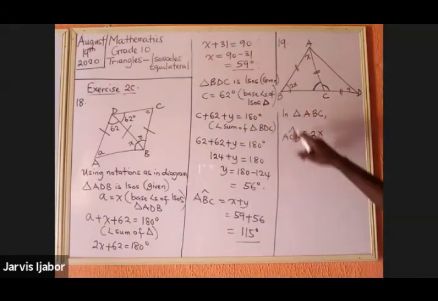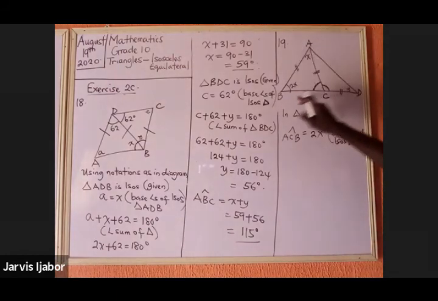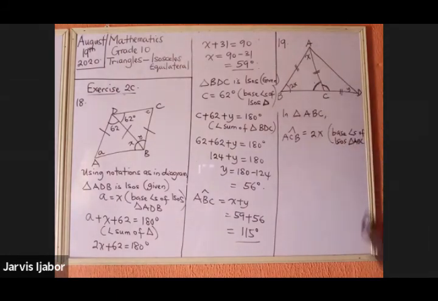Now, angle ACB is equal to 2x. Why? Because it is base angles of isosceles triangle ABC. Look at it. This angle must be equal to this angle. So that's sorted.